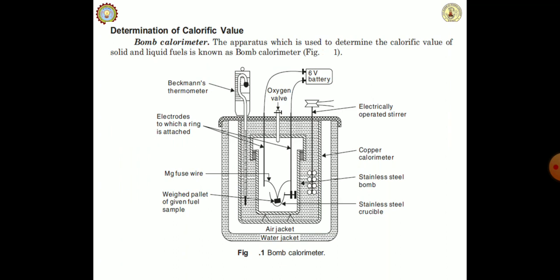The heat produced is transferred to a known amount of water, and the rise in temperature is determined. This is the principle of the bomb calorimeter experiment.